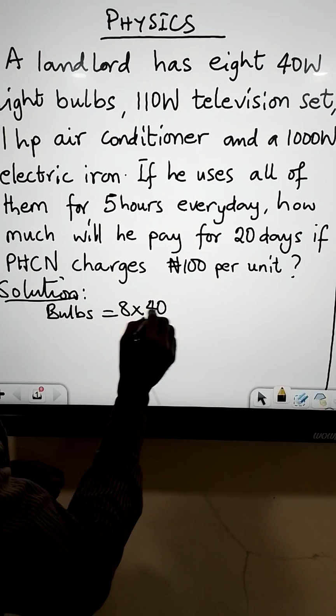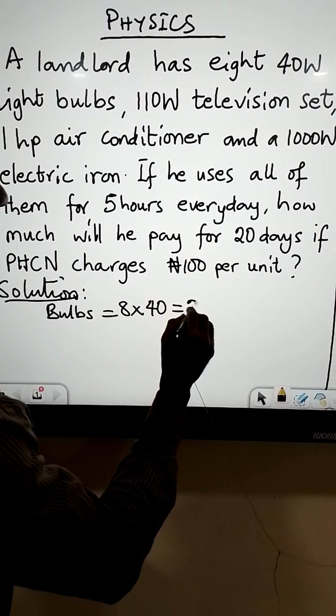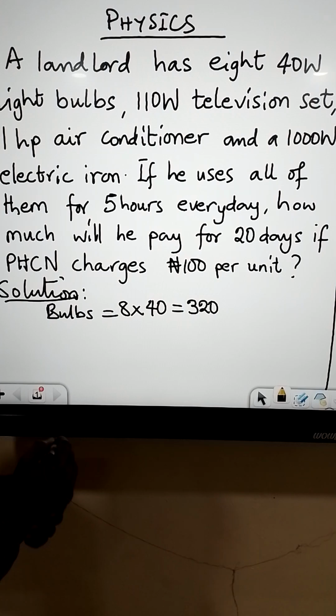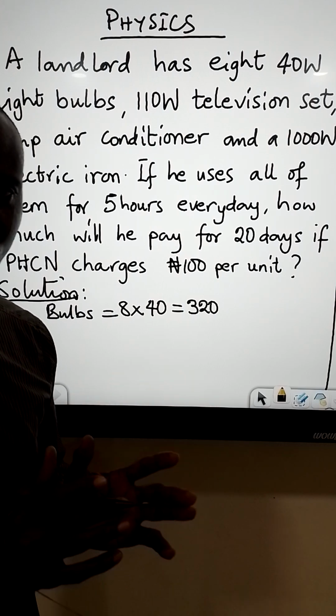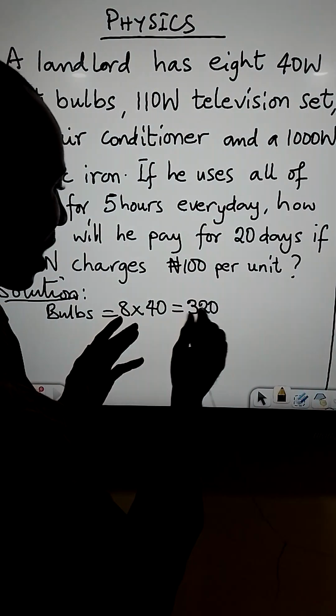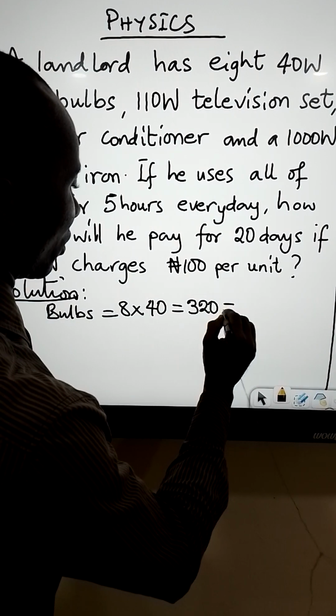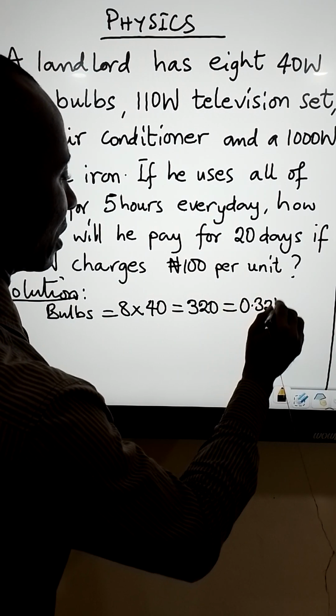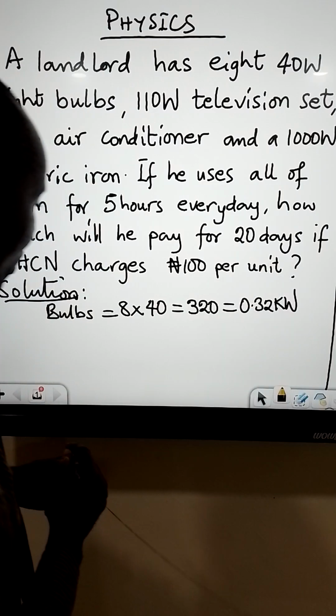So 8 times 40 will give us 320 watts. So we're going to do some conversions here. We'll convert this from watt to kilowatt, and that should give us 0.32 kilowatts.